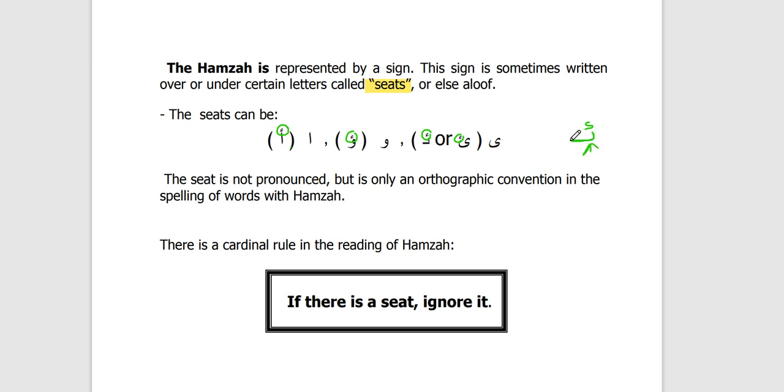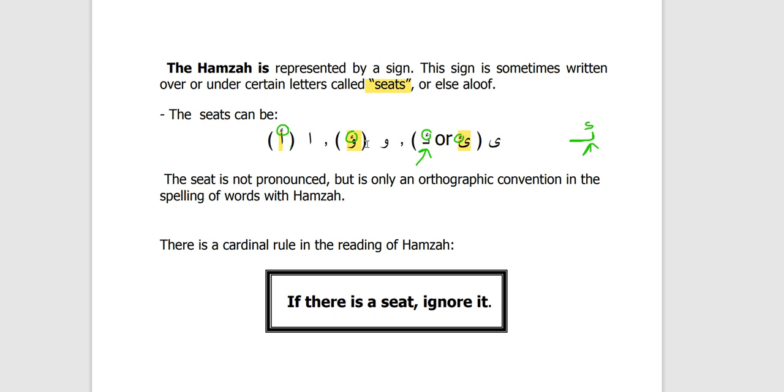This seat of hamza is called a seat, and sometimes hamza sits on the dotless ya. These seats, the alif maksura or the waw or the alif, are called the seats of hamza, and they are totally ignored when they come in the spelling of a word with the hamza sitting on it.